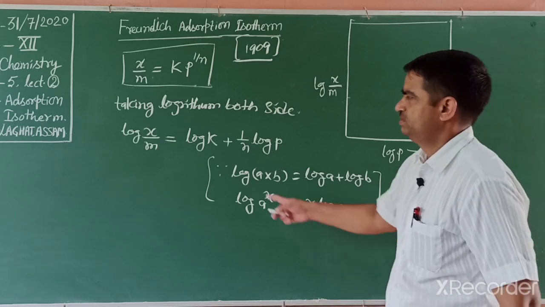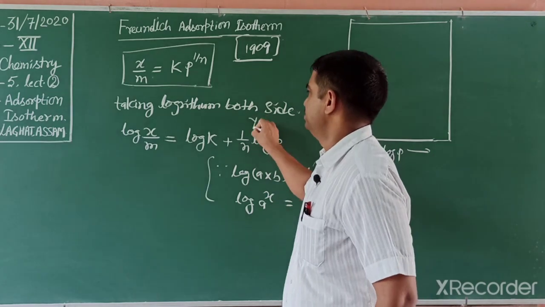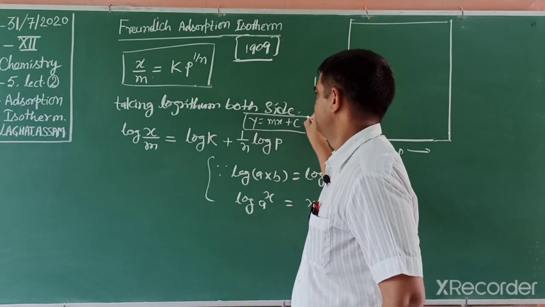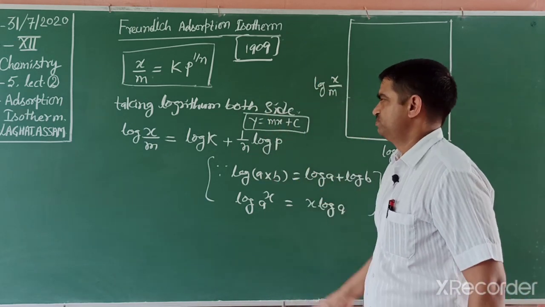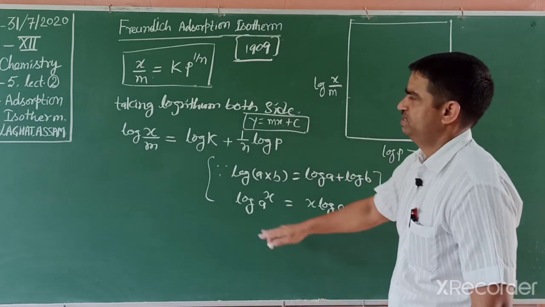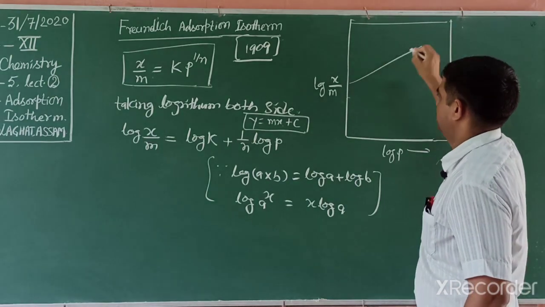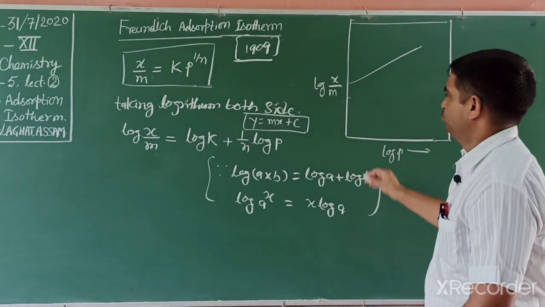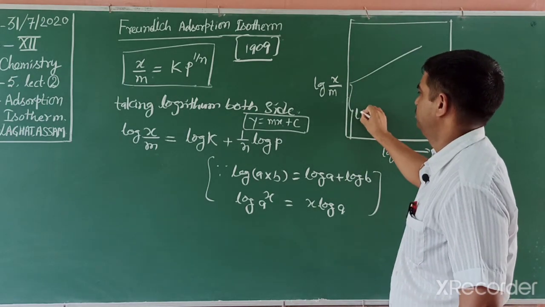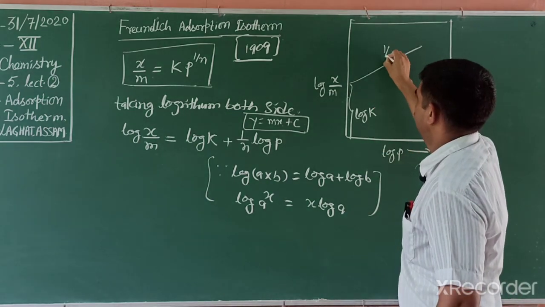Then this is a straight line curve. Students, you know y is equal to mx plus c is a straight line; when we plot between y and x, c is the intercept and m is the slope. In a similar way, we plot this curve. This value is the intercept, log k, and the slope is 1 by n.